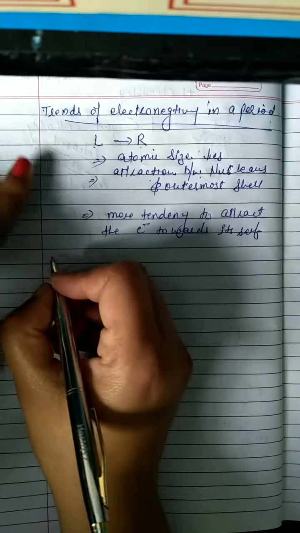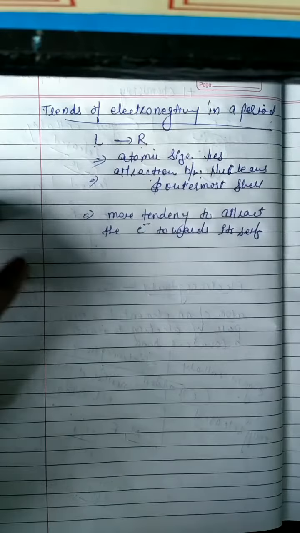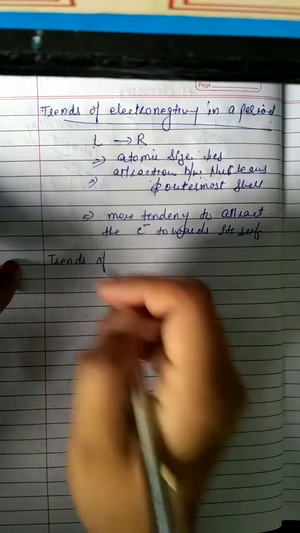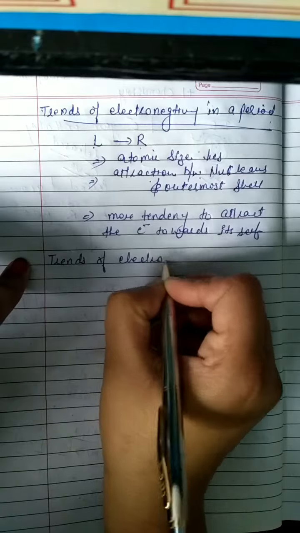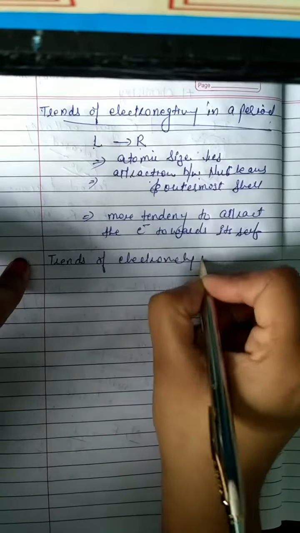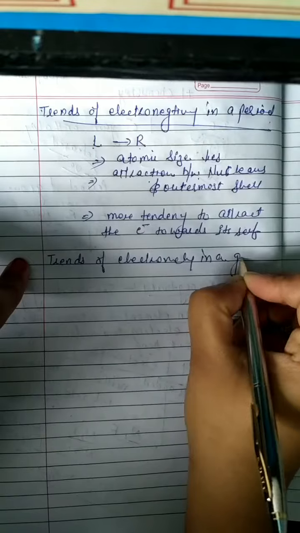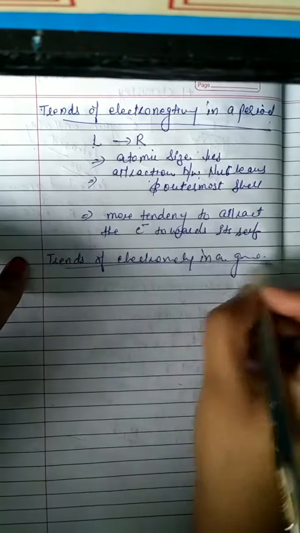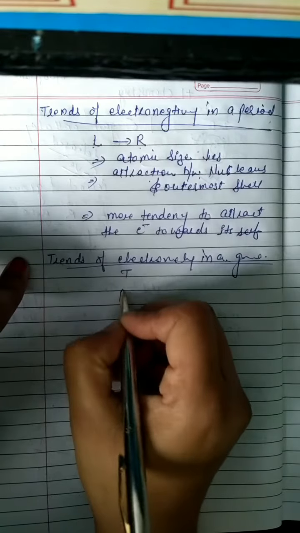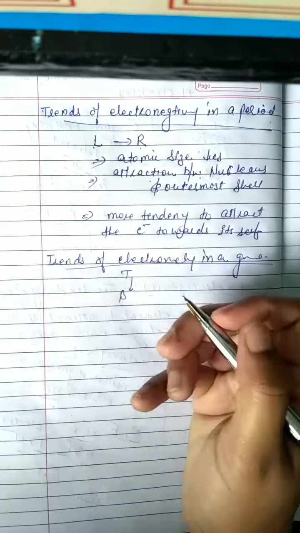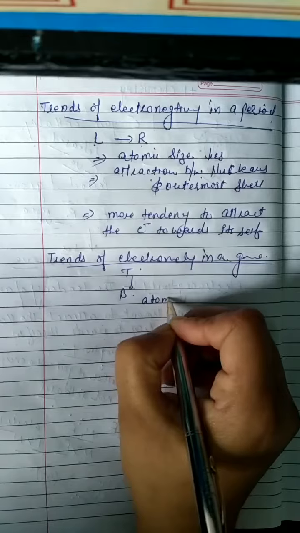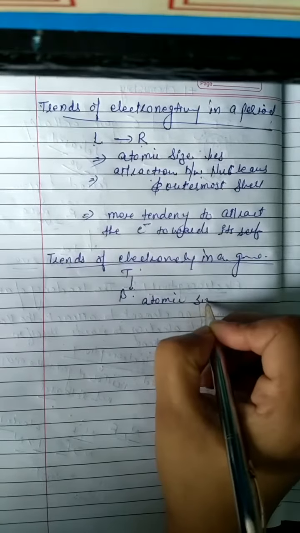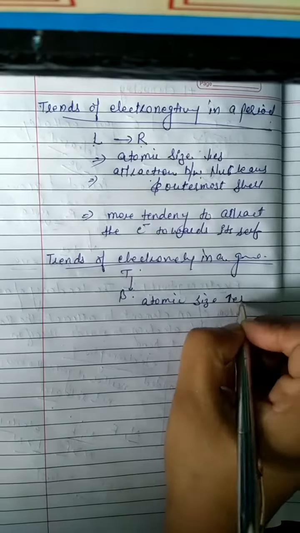The next one is trends of electronegativity in a group. In a group, we are moving from top to bottom. When we are moving from top to bottom, the atomic size increases.